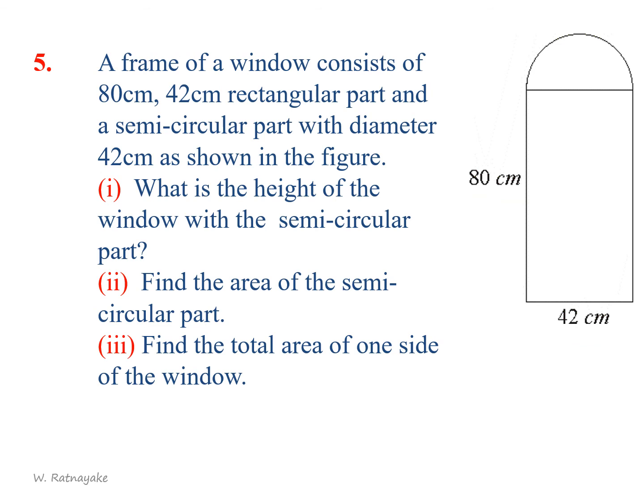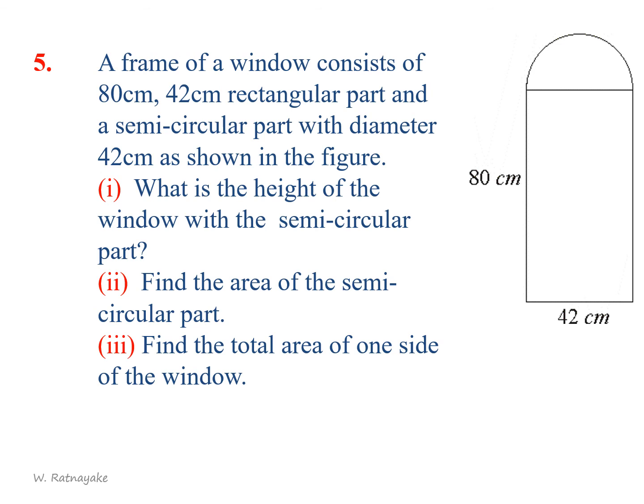Part 1: we have to find the height of the window with the semicircular part, the total height. That is very, very easy when you observe the figure carefully. The second one is to find the area of the semicircular part, and the third one is the total area of the window.